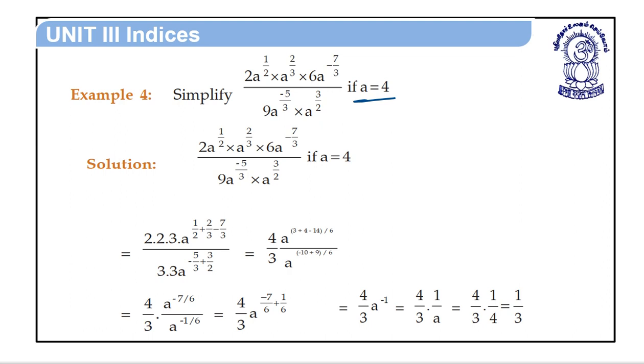So first simplify this expression and next put the value a is equal to 4 into the simplified expression. So here 2, a 1 by 2, a. So base remains same. 2 into 6 is 12.